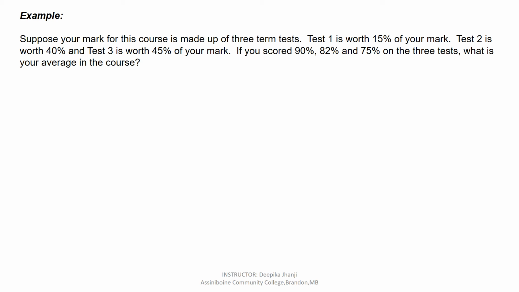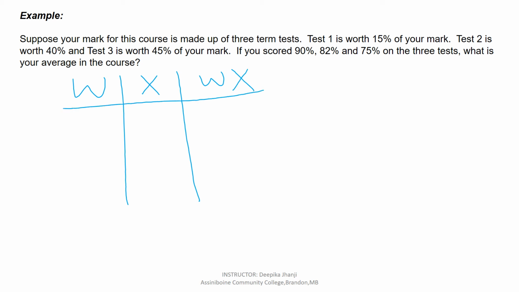Now, the weightages of each test become the W column, right? Then for X, we'll have the scores. And then the next column would be the product of W and X, right?